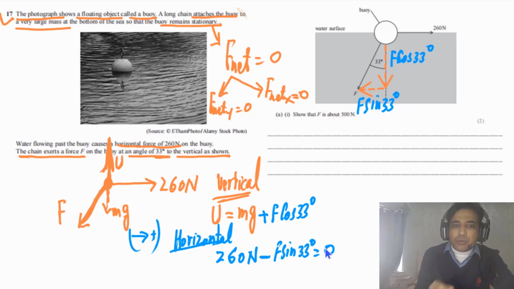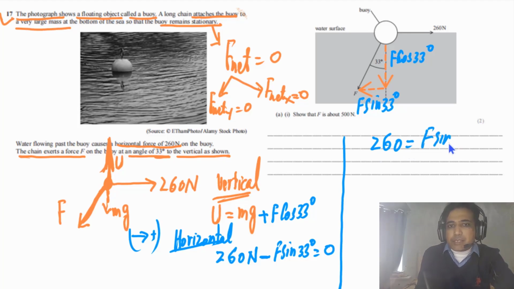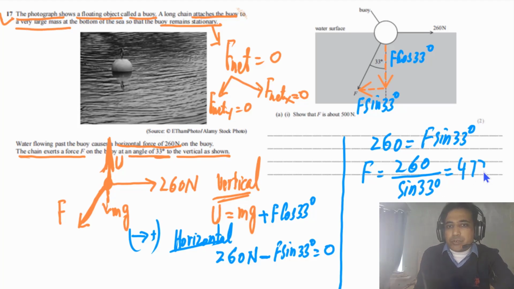This has to be equal to 0 because the net force is equal to 0. From here simply we can write 260 newtons is equal to F sine of 33 degrees. We need to find F, so this will be equal to 260 newtons divided by sine of 33 degrees. If we solve this one, we will get 477 newtons. So this is our final answer.